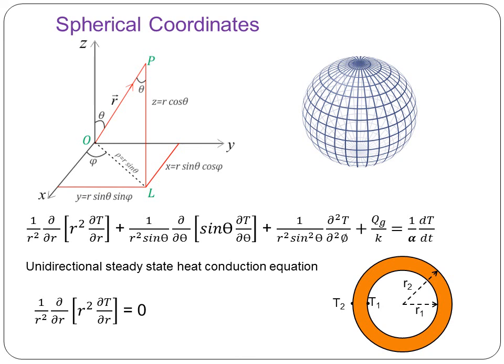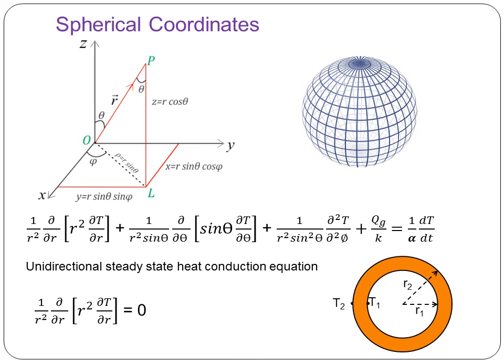Now, the 2 terms q g by k and 1 by alpha dT by dt are the same for Cartesian, cylindrical and spherical coordinates. You need to remember the other 3 terms in the expression. The first term is the radial direction, the second term is with respect to the zenith angle and the third term is with respect to the azimuth angle.